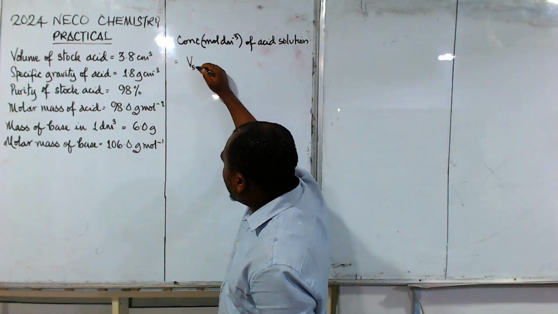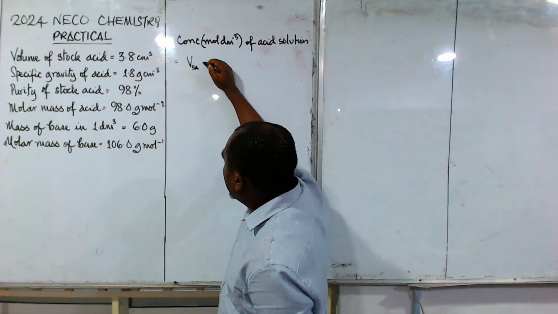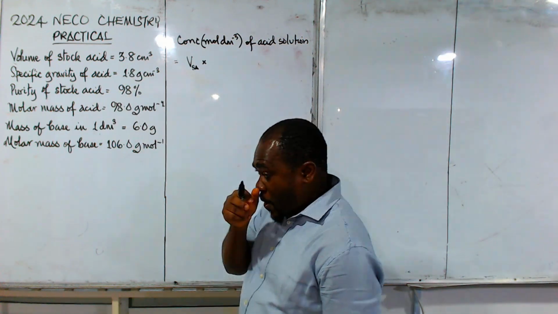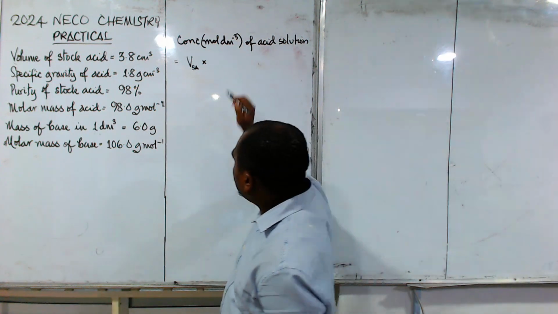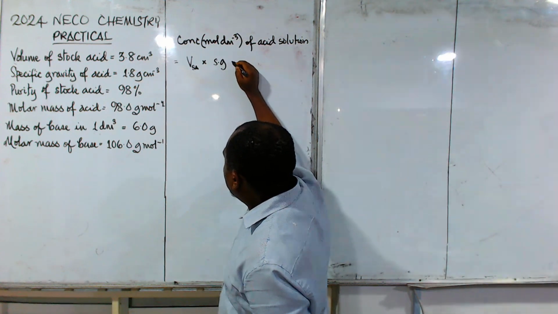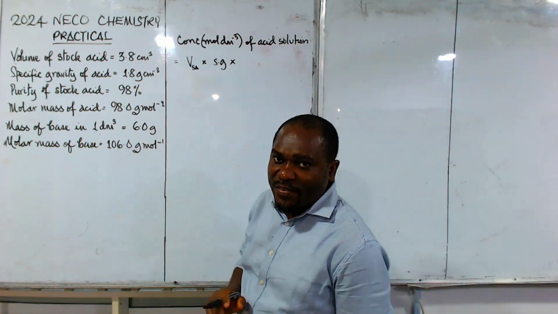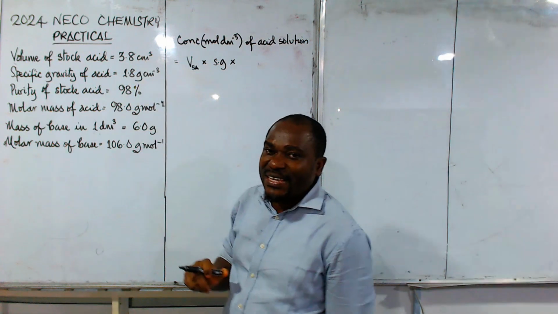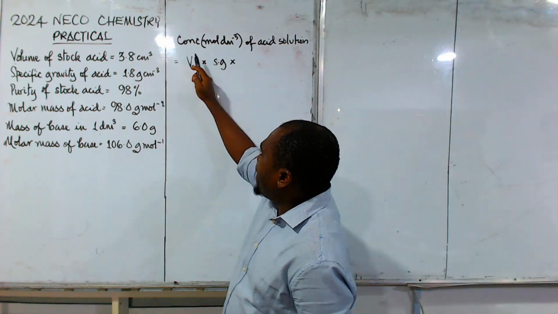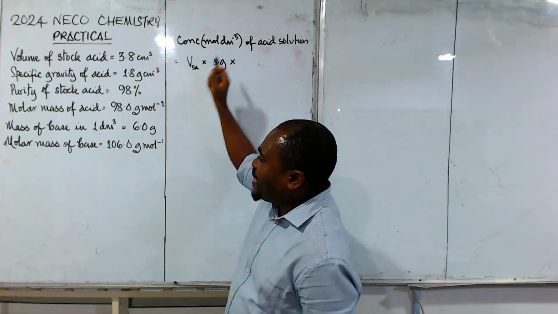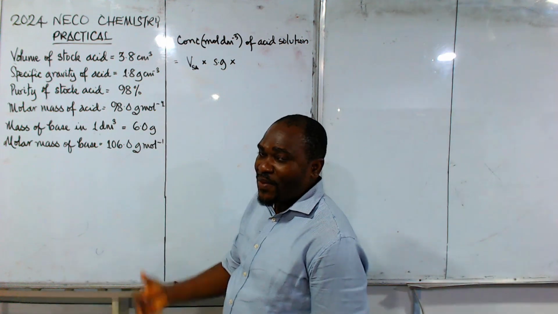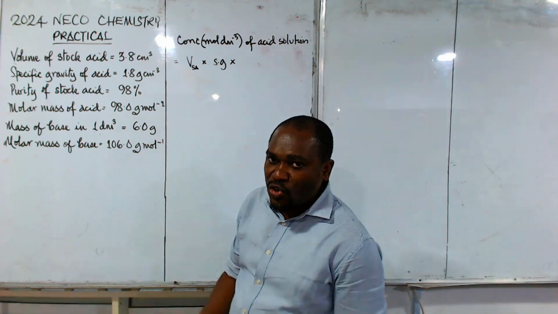Let me call this SA, stock acid, then times the specific gravity of that acid. Let's call it SG. Now, specific gravity, why do you need specific gravity? Because the acid is a liquid, a solution, and to calculate the concentration in moles per dm cube, you need to know the number of moles of the acid that is being dissolved in 1 dm cube, right?